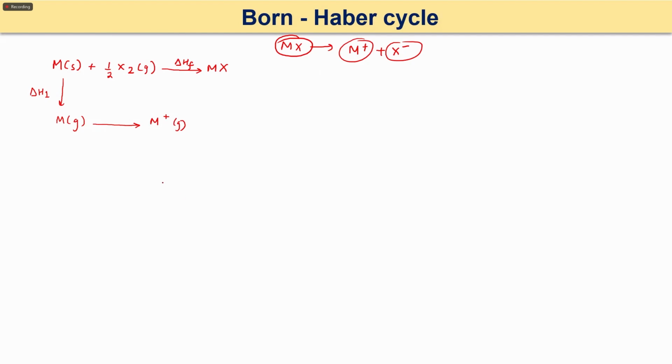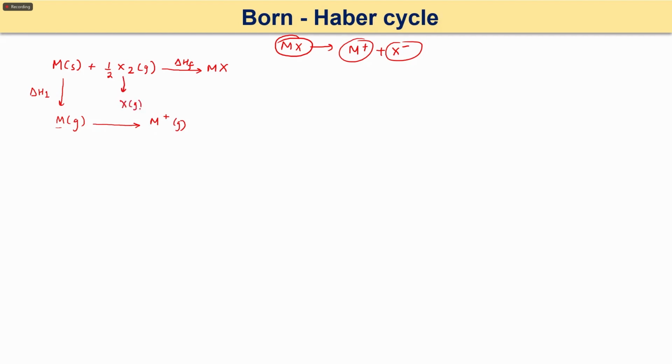Okay, so what will happen now that your metal is getting converted to its ionic state? Now we have this, and what will happen with this gas? So first this will convert into the atom.